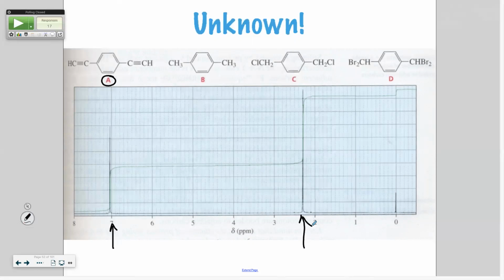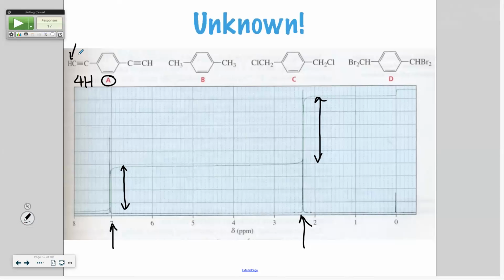Now I'm going to point out the integration lines, because that's one way that you can figure it out. Do you see that here, and here? When you look at structure A, how many of the benzene ring hydrogens are there? 4, right? 4 hydrogens on the benzene ring.